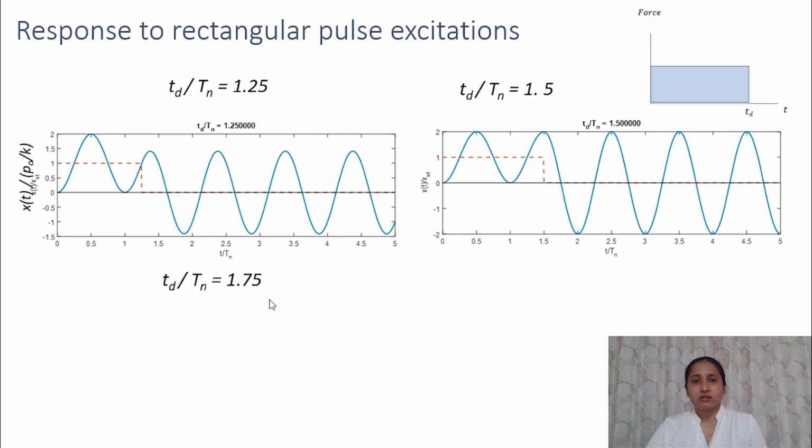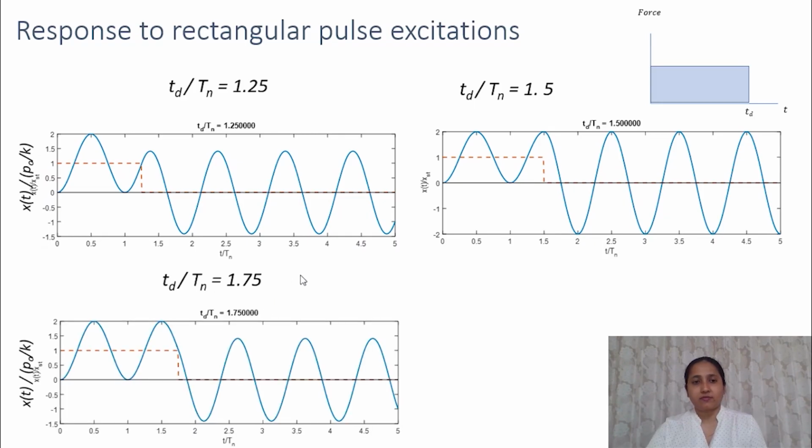So now let's see the response for Td by Tn is equal to 1.75. The similar pattern continues. So during the pulse, the system oscillates about the static equilibrium position, and after that it goes back to the original equilibrium position, and the maximum response is happening during the forced vibration.